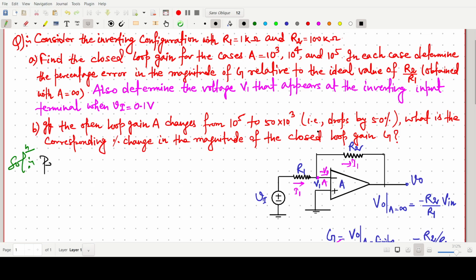So I am writing the first part, percentage error, or we can use the symbol eta.